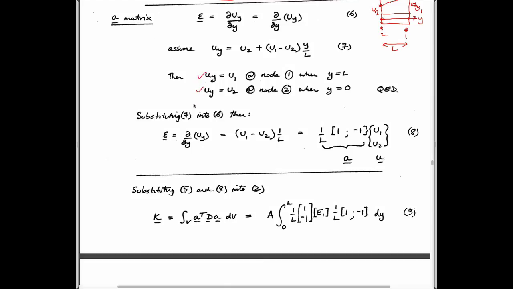These two statements. So what we could do is we could take this relationship and throw it in here. We can take the derivative of this. So if we take the derivative of this, what do we end up with? Only this term will survive. The derivative of y with respect to y is 1, so this becomes u1 minus u2 over L, which is this.